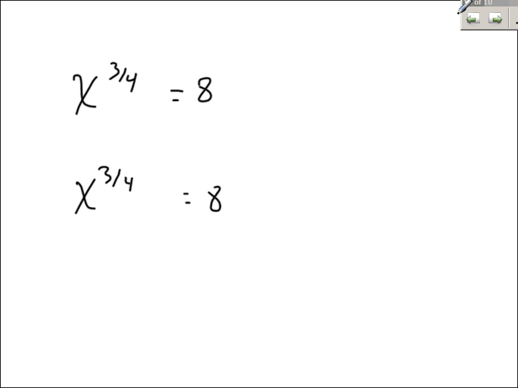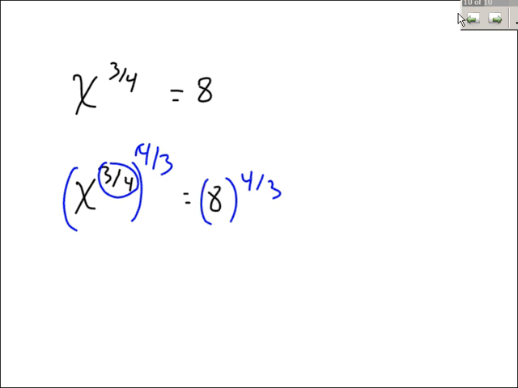You want to get x to the first power. So just raise both sides to the 4/3 power. Why 4/3? Because 3/4 times 4/3 is 1. This is really x to the 1, which is 8 to the 4/3. But x to the 1 is x. That's why we raise to the 4/3 power.